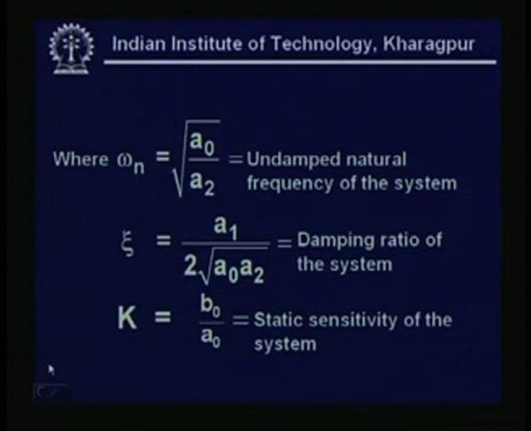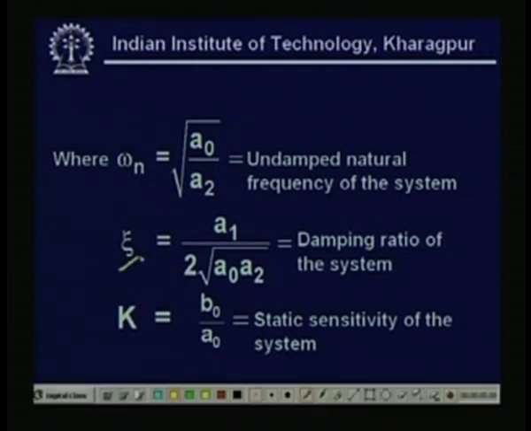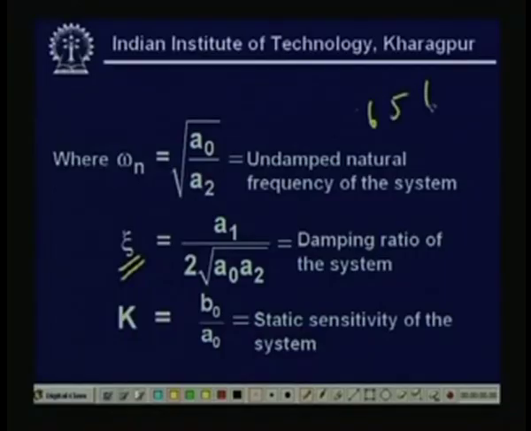Now, we will see that this damping ratio of the system, that means xi, will play an important role for a second order system. Depending on the value of xi, you will find how much hump will be there in the system. Typically, you will see in future that in a second order system xi usually lies between 0.65 to 0.7, because we cannot make xi more than 1, in that case it will be an overdamped system, and we cannot make xi equal to 1 either, it is a critically damped system.